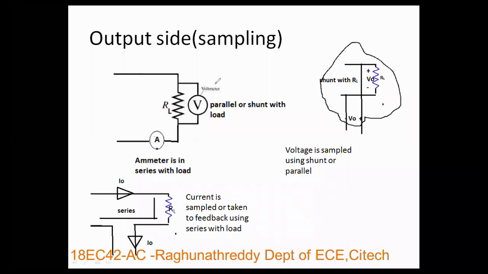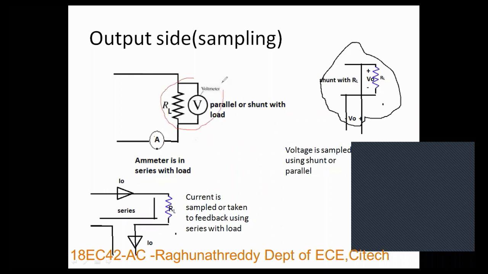On the output side, generally we use the word sample. Sample means taking. In order to measure the voltage, we always connect a voltmeter in parallel or shunt with the load resistance. If the output quantity is voltage, the type of sampling at the output side is shunt or parallel with the load.